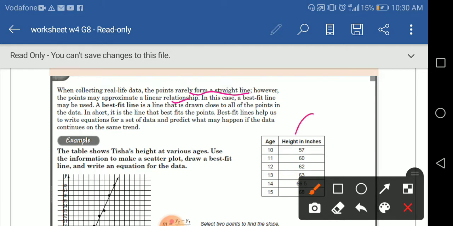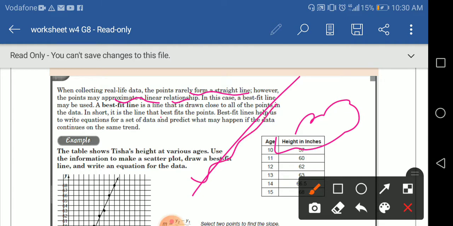So when you collect data information, it doesn't give you a perfect straight line, but we can approximate the linear relationship and do a best fit line.